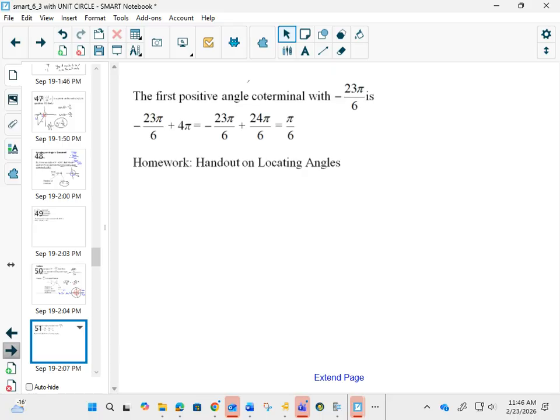Okay. Now, I've got a sheet for you to practice these, and we'll do a couple together.